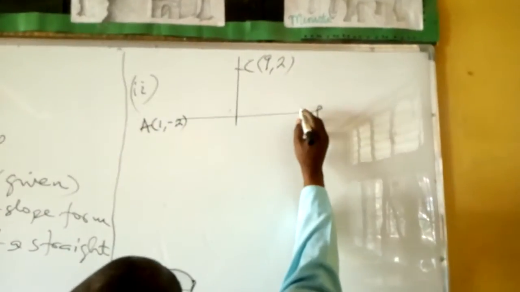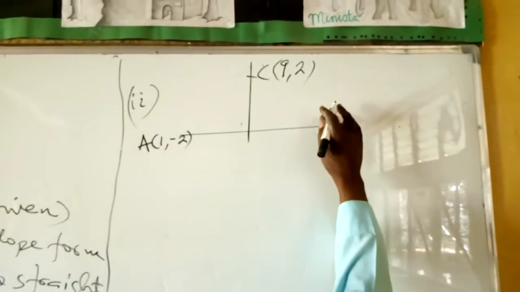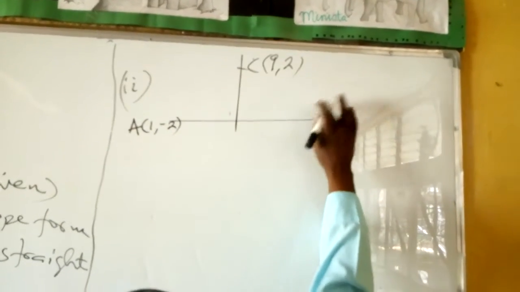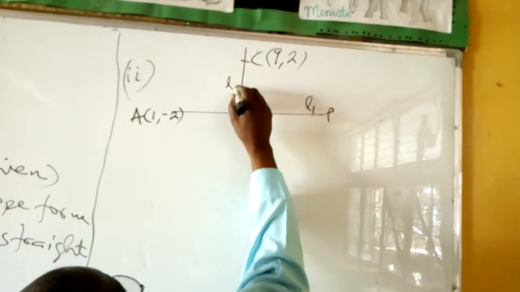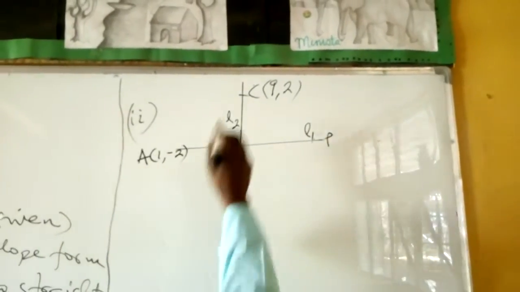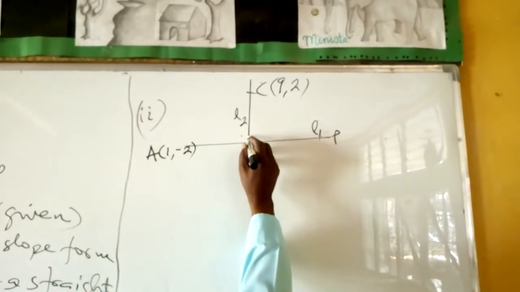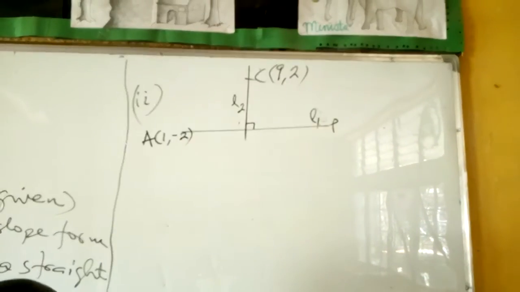So we should find the equation. I can call this line L1, and this can be line L2. Now, this line is perpendicular to AP, meaning that this angle is 90 degrees.